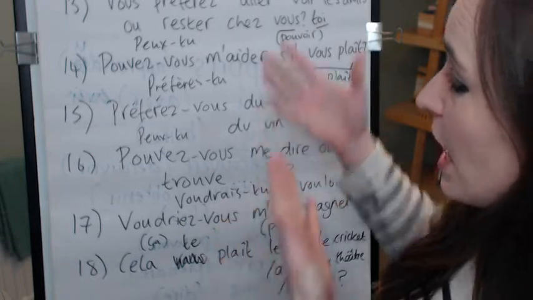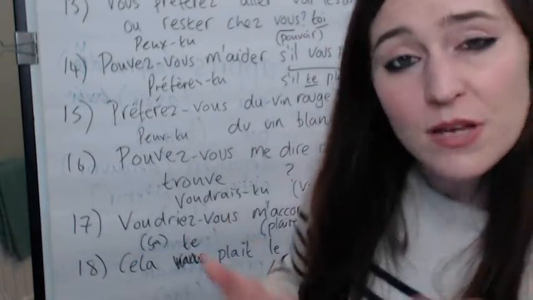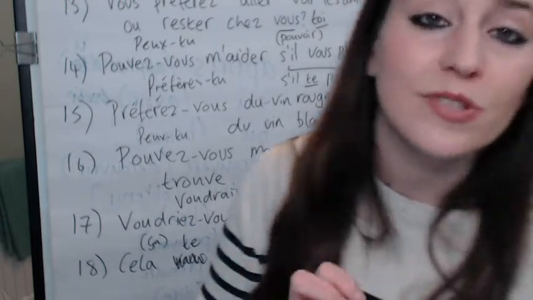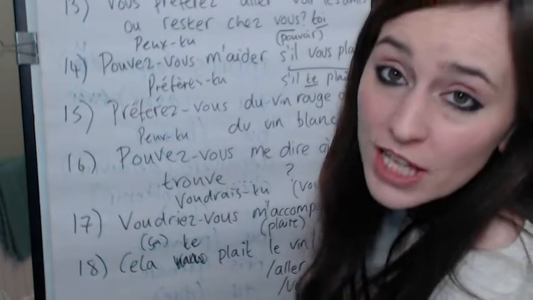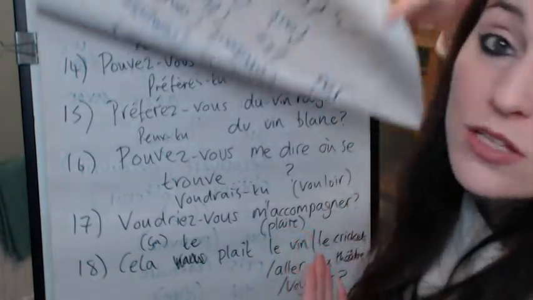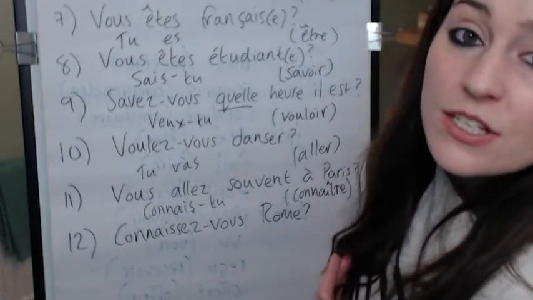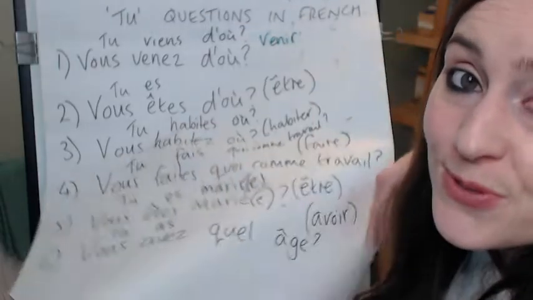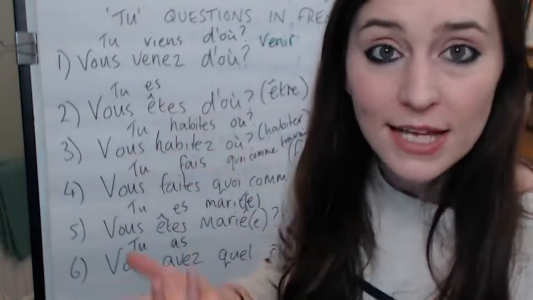And then you might not have recognised or not been able to remember, for example, some of the changes from the vous to the tu form of verbs, like the verb venir. For example, d'où venez-vous? Where do you come from? D'où viens-tu? Okay? Or the verb être, to be.